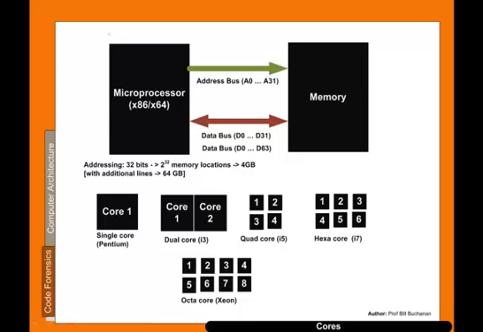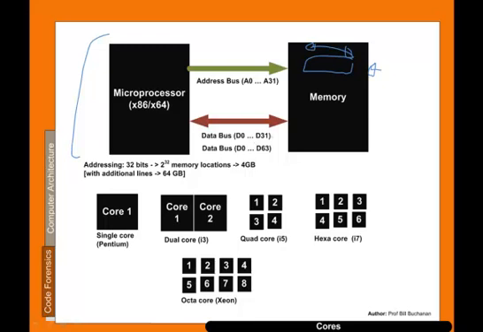So the simplest architecture that we can have is a microprocessor. It has an address bus to be able to address the memory. Each memory location has 8 bits or 1 byte. Each byte has a specific memory location. We point to the memory location and we read a certain number of bits onto the data bus, or we write to memory.